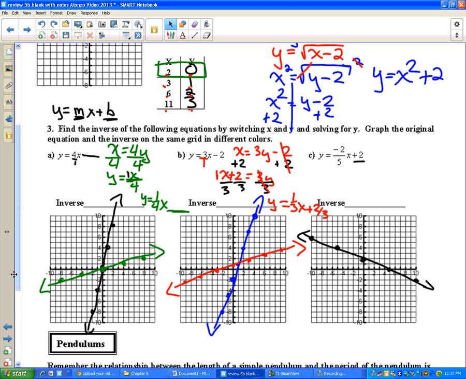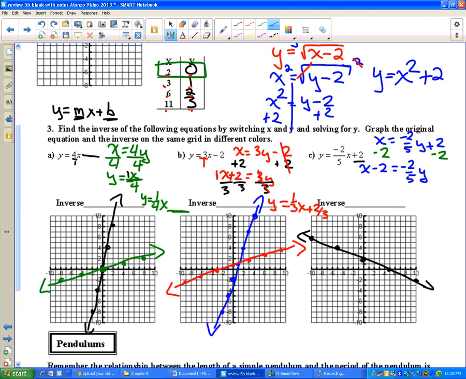Okay. Now I need to find my inverse by switching x and y. So x is equal to negative 2/5 y plus 2. First thing I'm going to do is subtract 2 from both sides of the equal sign. So x minus 2 is equal to negative 2/5 of y.